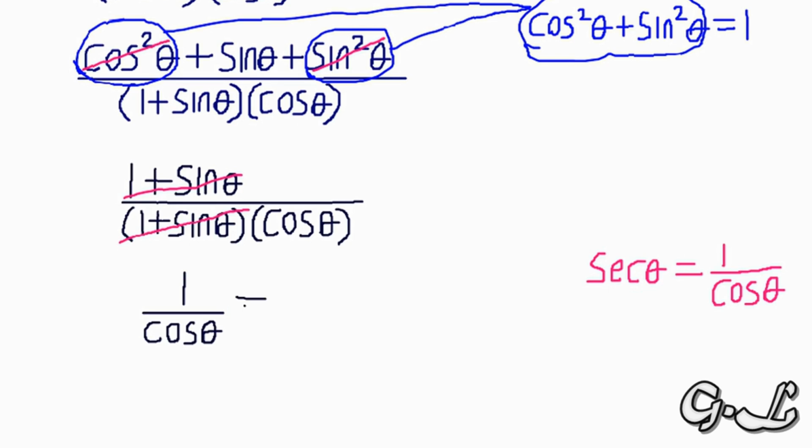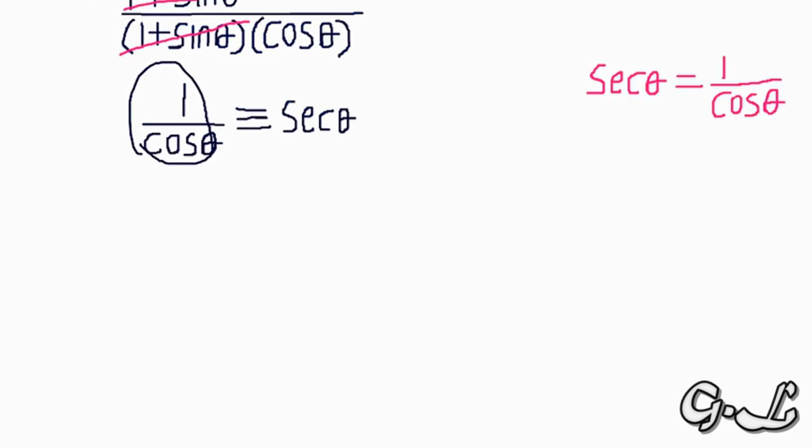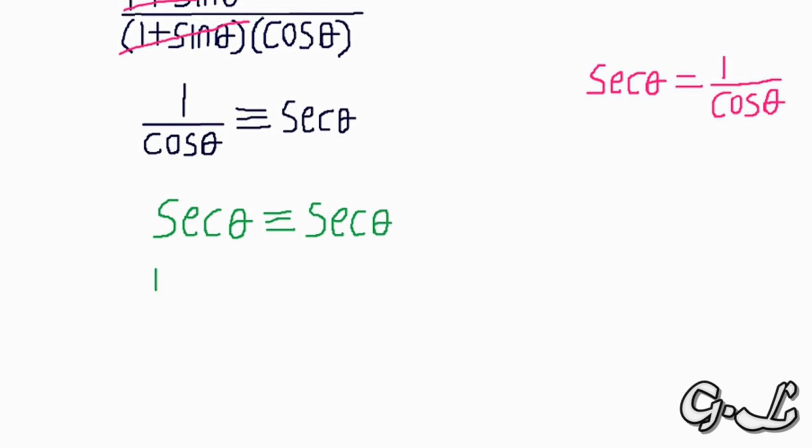Even in the question, we're given that 1 over cos theta is equivalent to sec theta. So we're going to replace 1 over cos theta with sec theta. So it is sec theta equals sec theta. On the left hand side we have sec theta, and also on the right hand side we have sec theta. So you can simply say that, hence proven.